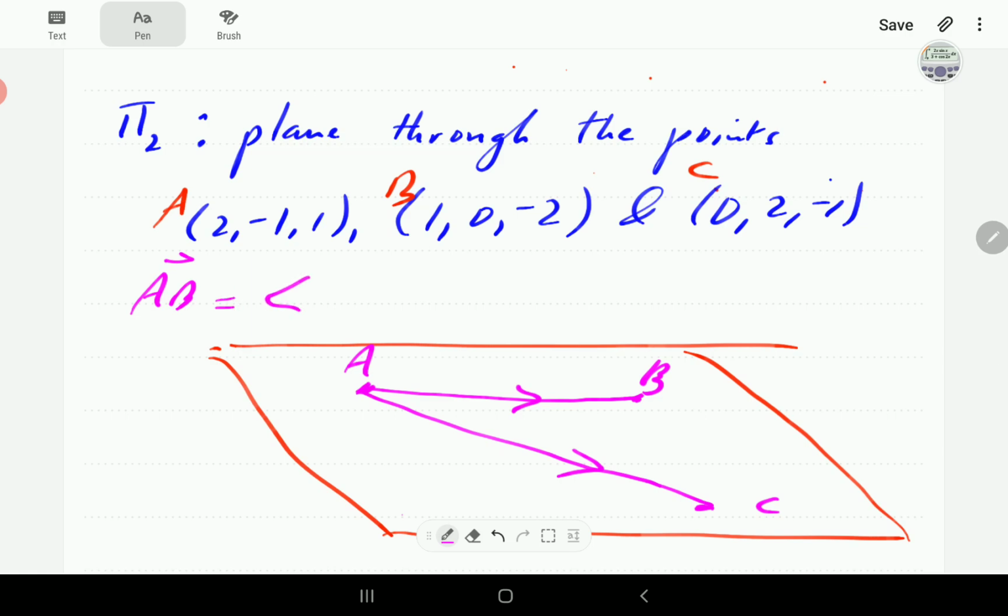So that's going to be 1 minus 2, 0 minus negative 1, minus 2, minus 1. So this is going to be our M1.